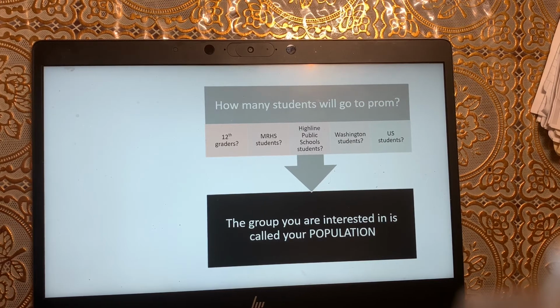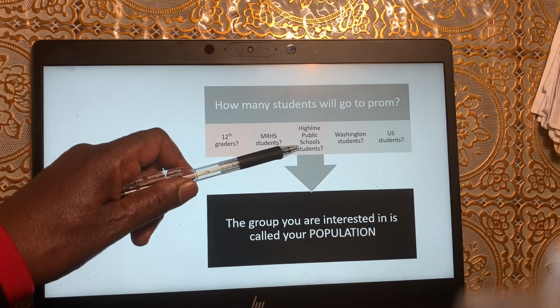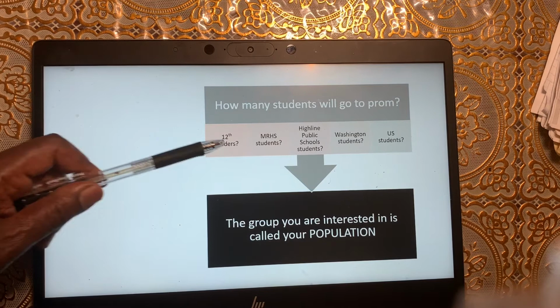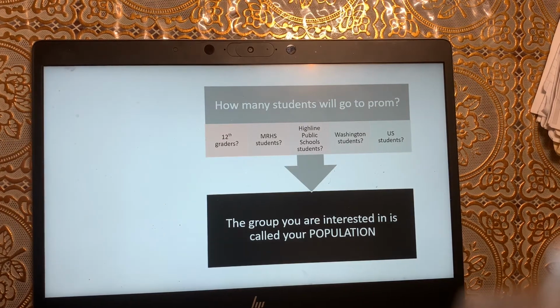Washington students can be a sample for US students when US students would be a population. So this is just an example of a population and a sample. If Highline Public School is a population, the Mount Rainier High School students and then 12th graders would be a sample from that.